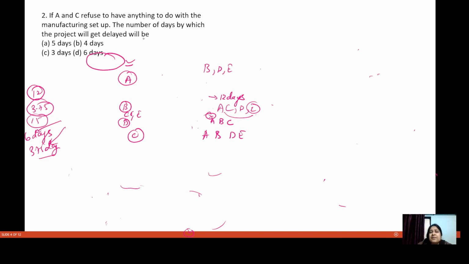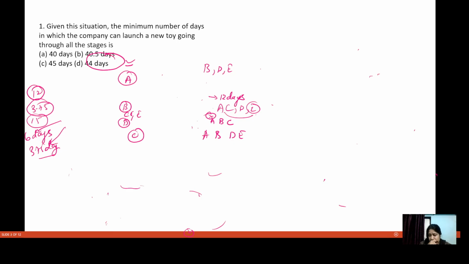It is asking if A and C refuse to have to do anything with the manufacturing setup, the number of days by which the project will get delayed.